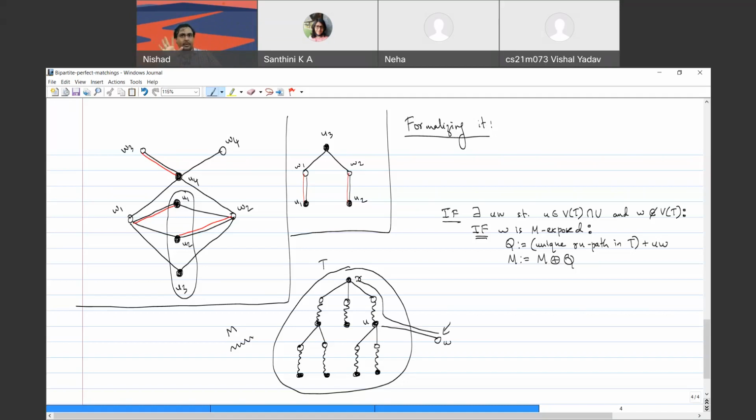There is one problem though. Something could have happened. Something good could have happened. Perfect matching. So if M is a perfect matching, then I want to return this matching. If it is not a perfect matching, then there is some M-exposed vertex which is black colored because the number of black vertices is equal to the number of white vertices.